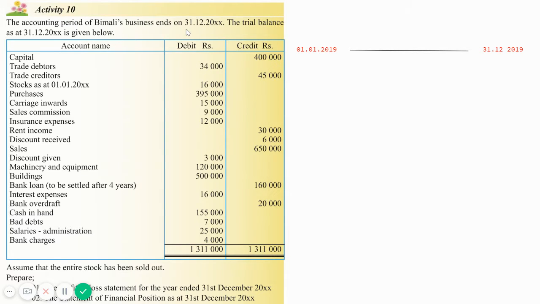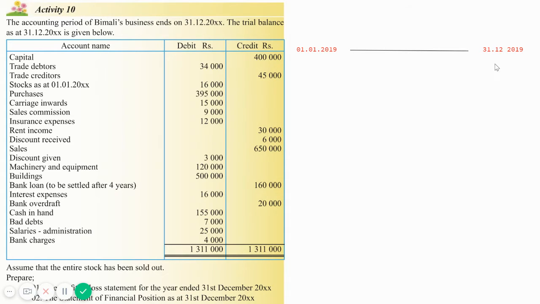So first let's identify the accounting period that we are going to consider here. As you all know, 1st January 2019 will be the beginning of Bimali's business, and after 12 months it will be the 31st December 2019.